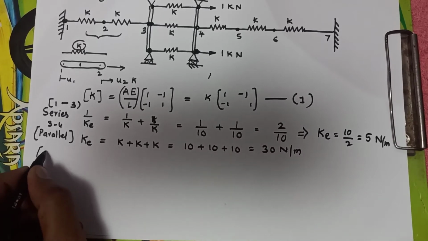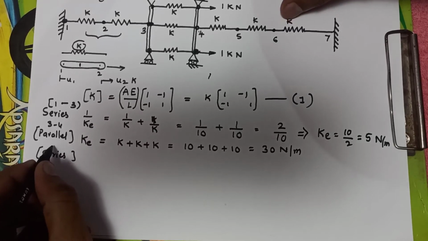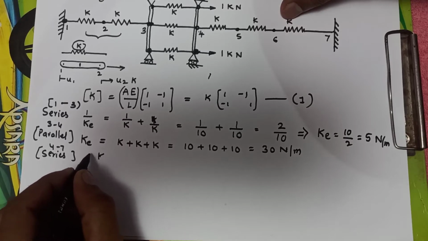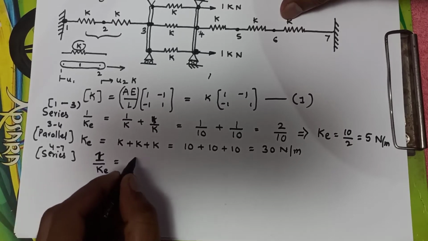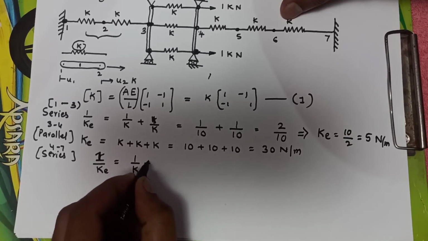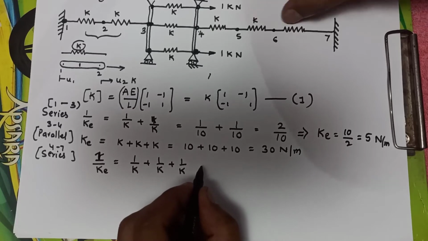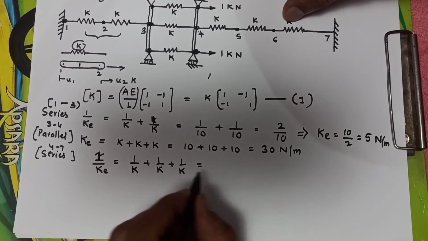Again, series are there, from 4 to 7, nodes 4 to 7. For series also, again 1 by Ke is equal to 1 by K plus 1 by K plus 1 by K. So 3 springs are connected in series, so 3 terms.